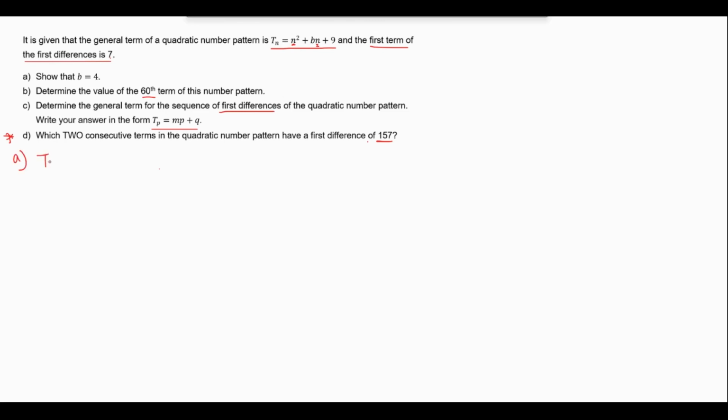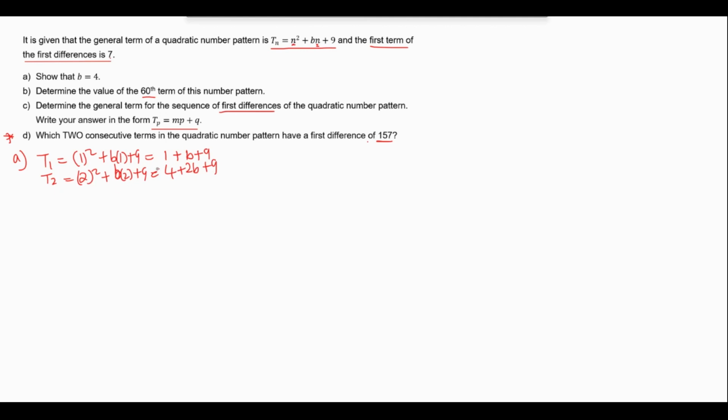So T1 is going to be 1 squared plus b times 1 plus 9, which will give us 1 plus b plus 9. Then T2 is equal to 2 squared plus b times 2 plus 9, which will give us 4 plus 2b plus 9.